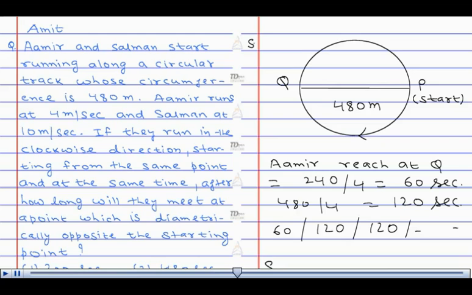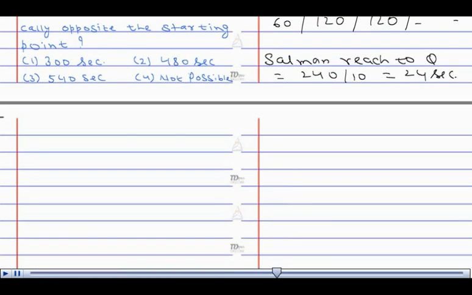Now Salman reaches Q after 240 by 10, that is 24 seconds. Now he will reach Q for the first time after 24 seconds, then after 48 seconds, then after 48 seconds, and so on.